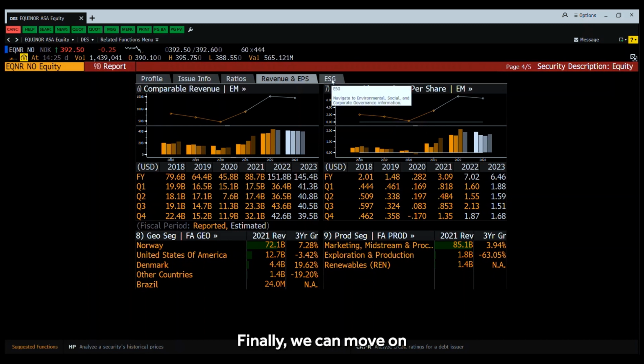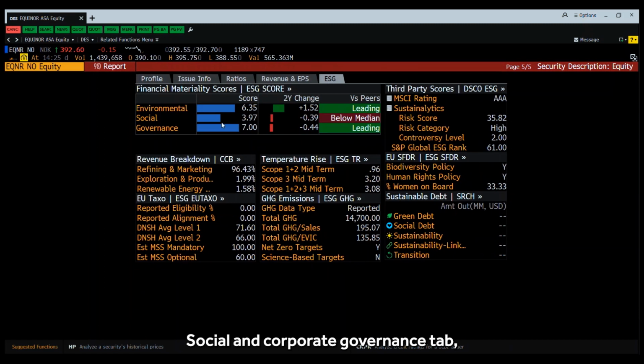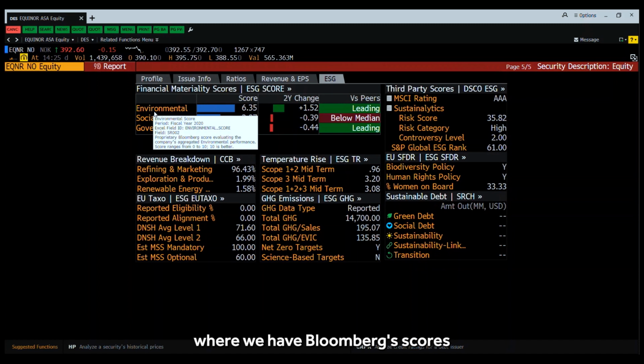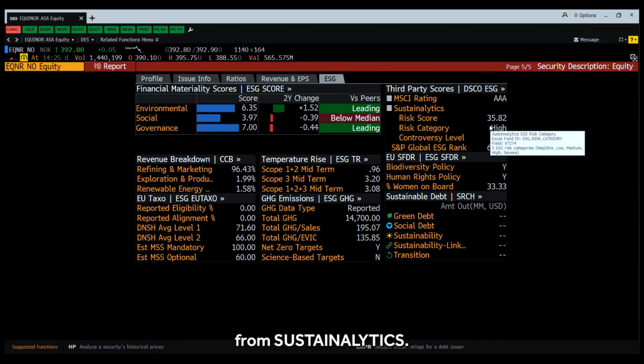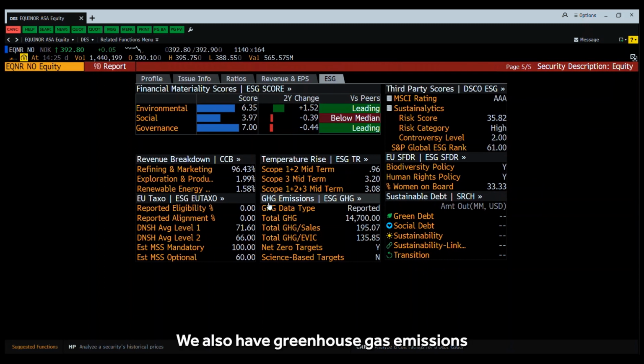Finally, we can move on to the environmental, social, and corporate governance tab, where we have Bloomberg's scores for environmental, social, and governance ratings. We have here its MSCI rating and data from Sustainalytics. We also have greenhouse gas emissions down here as well.